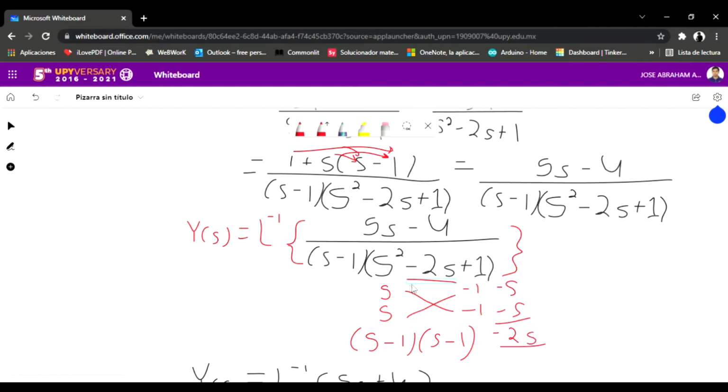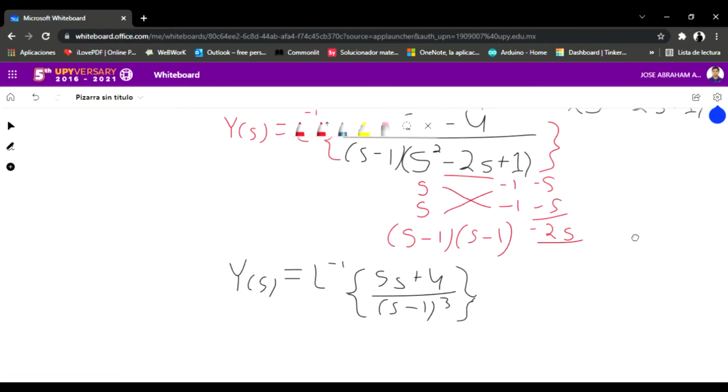So now we have the two terms, that is s minus 1 times s minus 1, that we get from the factorization. So then we have capital Y of s is equal to the inverse Laplace transform of 5s minus 4 over s minus 1 to the cube.